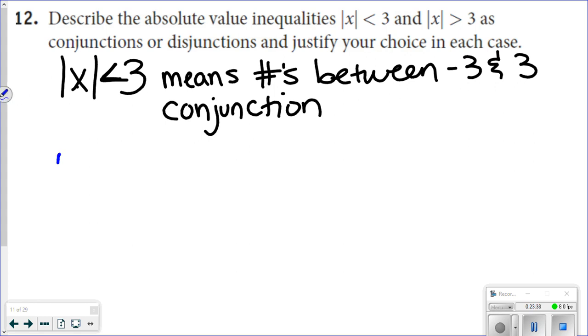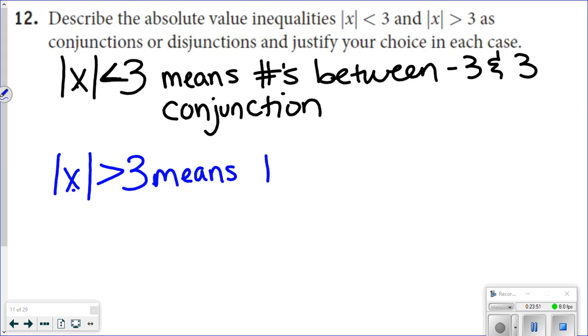So the absolute value of x greater than 3. So which x values are more than 3 units away from 0? So that means numbers that are farther than 3 units.